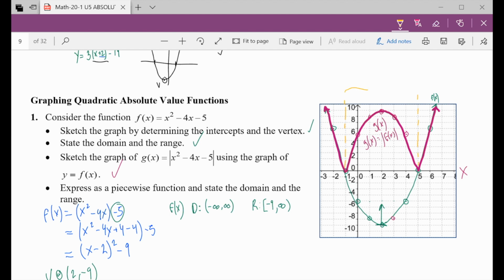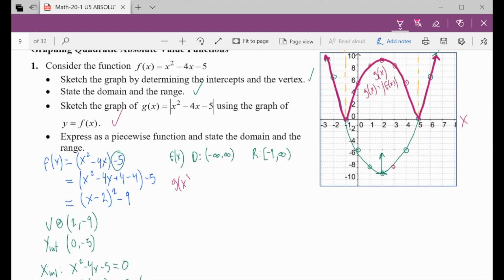So we're going to have to define this part of the graph that is between -1 and 5. And then we're going to have to define this part of the graph, which is both less than or equal to x equals -1 and greater than or equal to x equals +5.